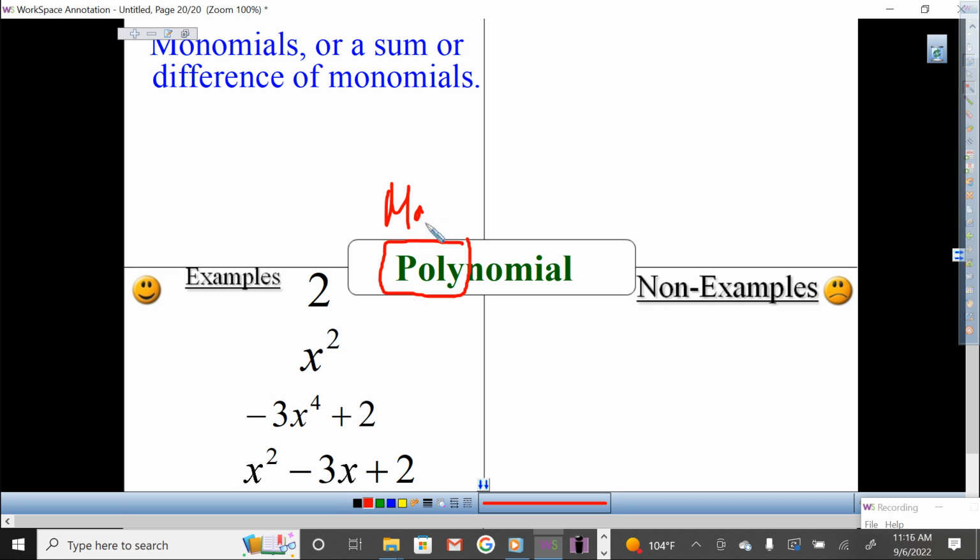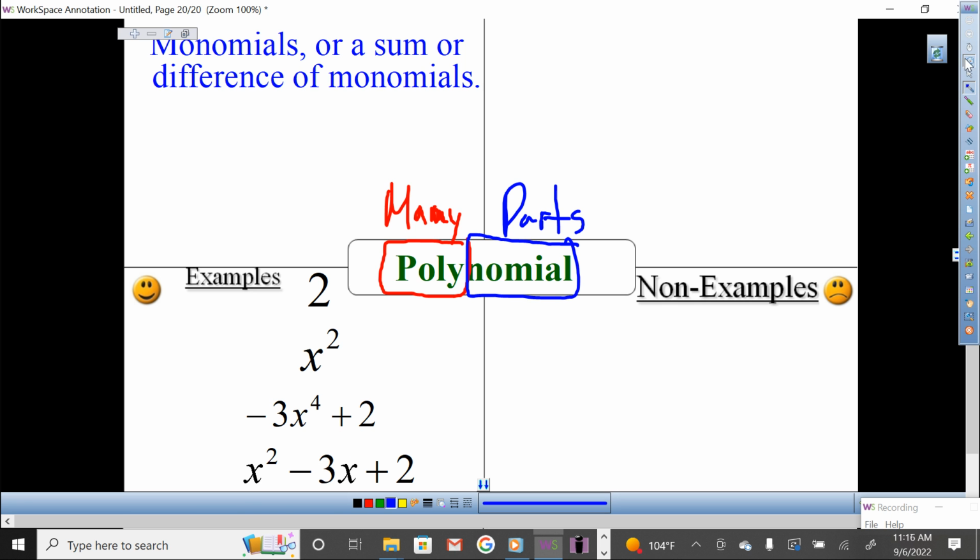Many. Many or multiple. Thank you. Yeah, many. And the word nomial means part or parts. So within itself, you have the definition, right? A polynomial has what? Many parts. That is correct. And we see that right here, yes?